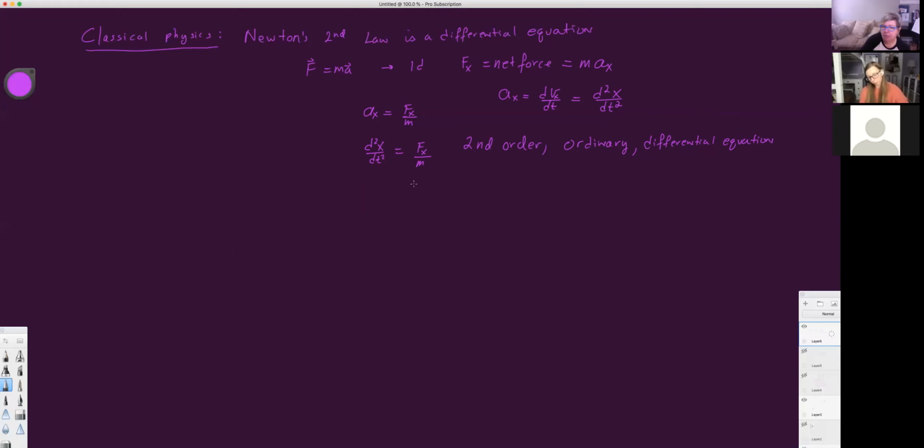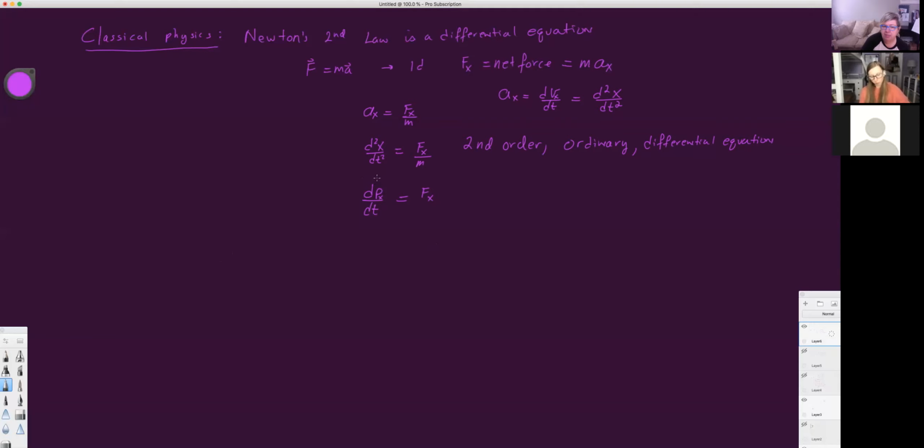In a particular situation, you might have different forces. This is not the most fundamental version of Newton's equation, because the most fundamental version is another differential equation that looks like this: dp/dt, where p is the momentum, let's just use it in the x direction, is equal to the sum of forces.